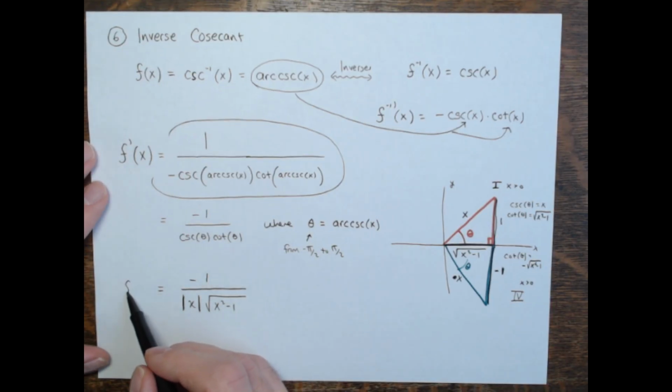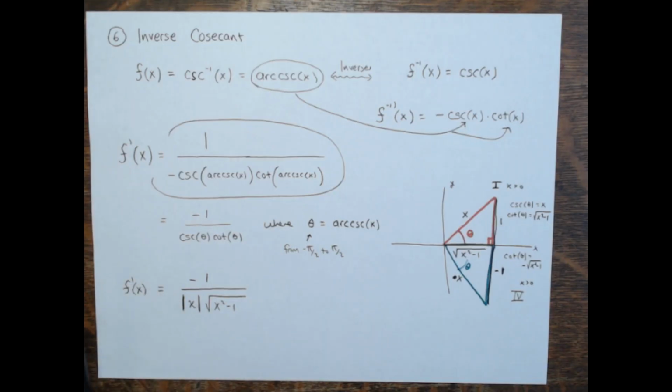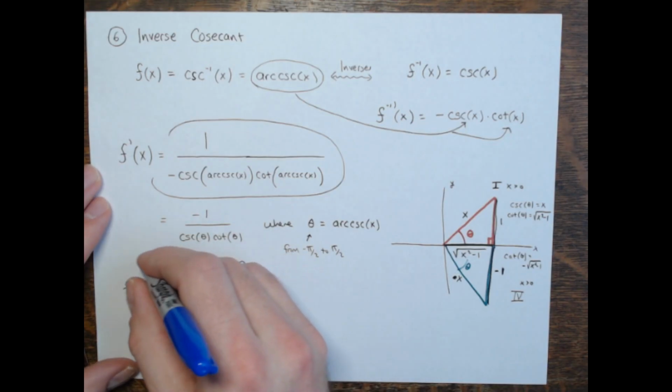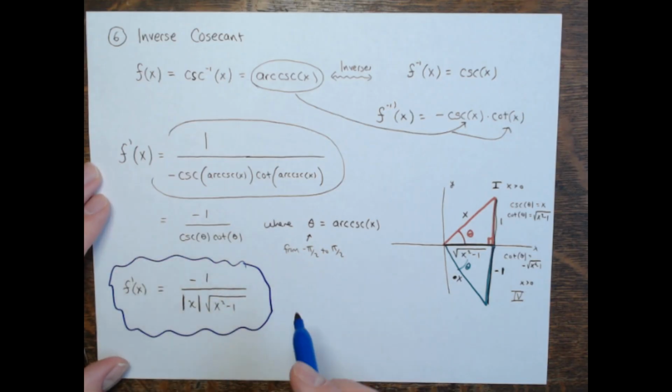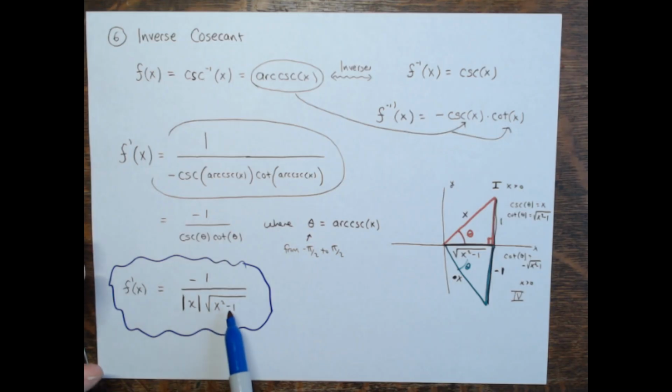All right, so there's your derivative of the inverse cosecant function and how you're going to typically see it in most tables. But just like always, with the co-functions, they're opposites.